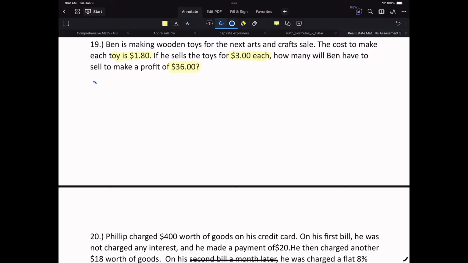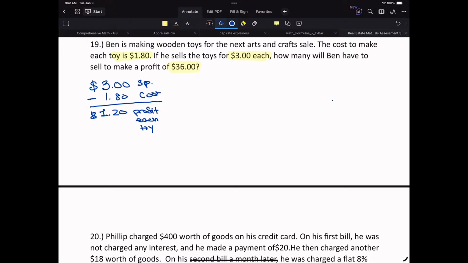He sells these for $3. That's the sales price, but the cost to build is $1.80. So that means he makes $1.20 in profit for each toy.